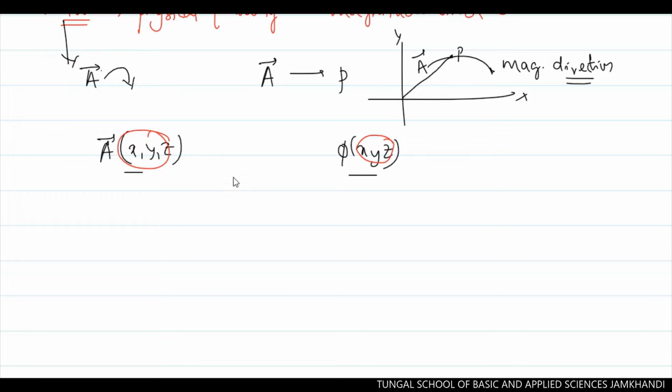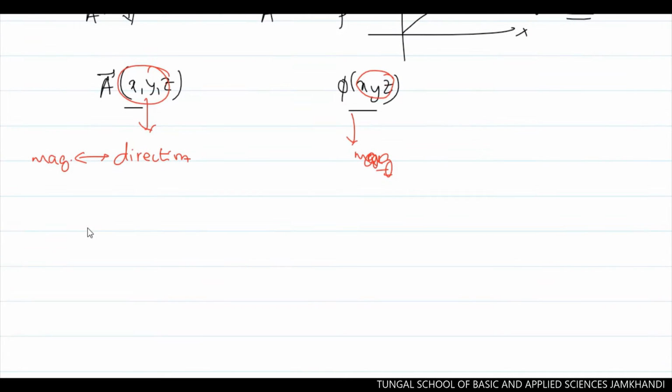The main difference between phi and the vector A is that phi has only a magnitude but no direction, while vector A has both magnitude and direction. That's why we define the function which depends on space coordinates and has magnitude and direction along those coordinates as a vector, right?